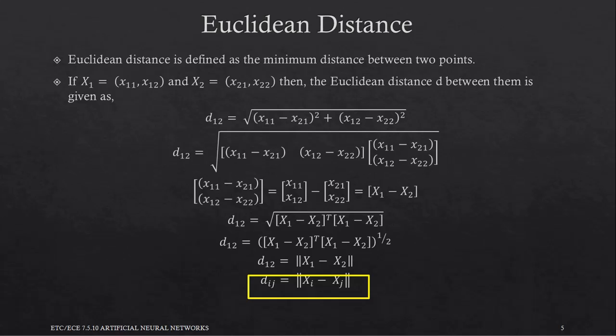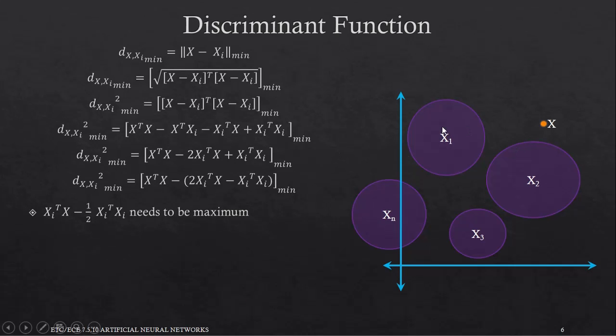Now, to find the class or region to which a pattern belongs, we need to find its Euclidean distance from each of the regions. Consider this pattern space with n number of clusters belonging to n different classes. Let x1 be the cluster centroid or the prototype point for class 1 pattern.